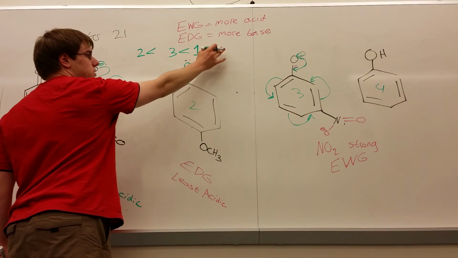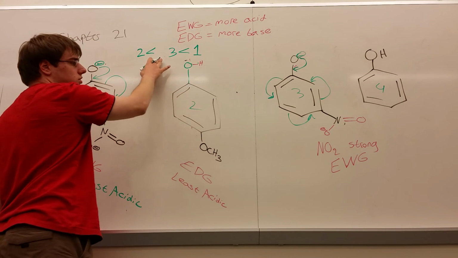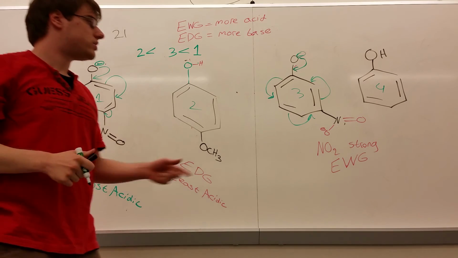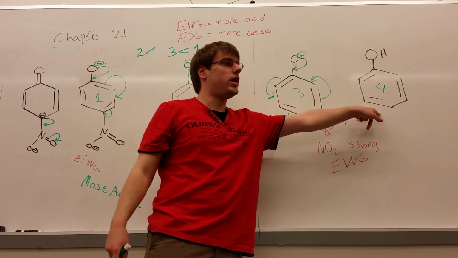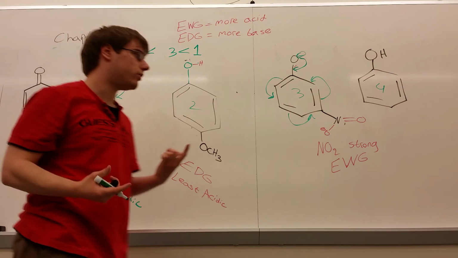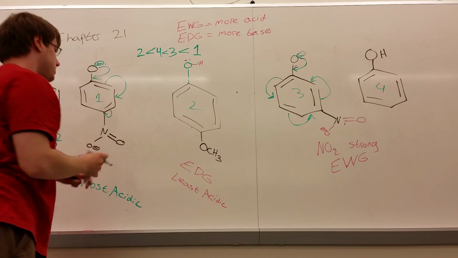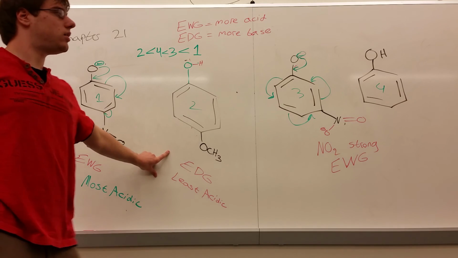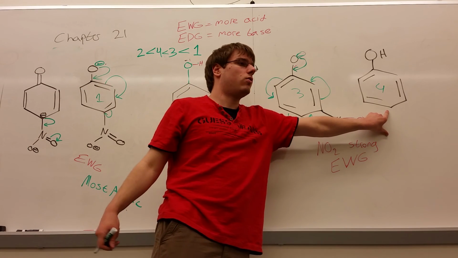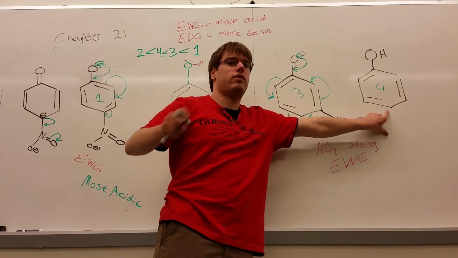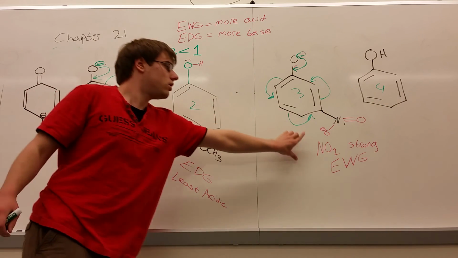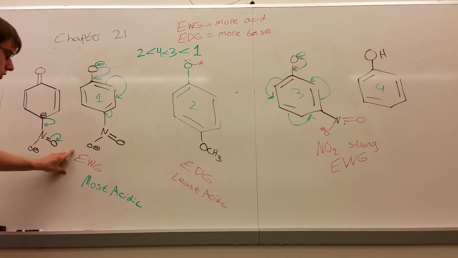Is it more acidic than 1 or is it more acidic than 2? Well, since this has neither withdrawing groups nor donating groups, it kind of falls in the middle of the two. So 4 should fall between 2 and 3. Most basic, nothing to make it basic or acidic, so it's kind of in the middle. And then acidic, much more acidic.